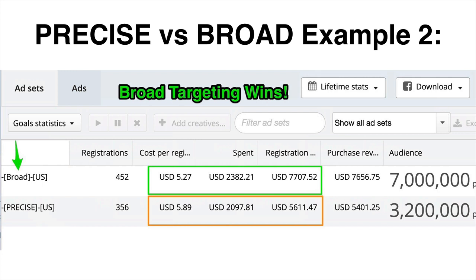I'm gonna split each priority into its own video just to keep it simple. Remember, priority 1 is split test your broad keywords versus precise keywords. And sometimes you'll find one does better than the other. Precise is supposed to be better, but it is not always, as you can see in the screenshot right here. And I know that because I split test properly.